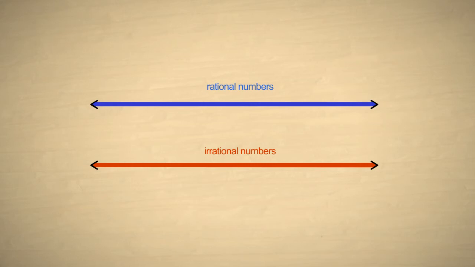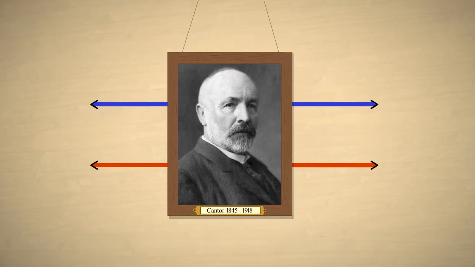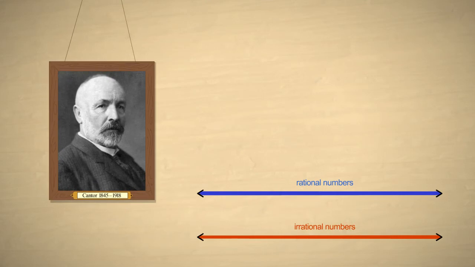This is because there are vastly more irrational numbers than rational numbers. But how can that be true if both collections of numbers are infinite? Until the late 1800s, mathematicians believed that nothing could be larger than anything that was infinitely large. But in 1874, Georg Cantor proved that there were different sizes of infinities.